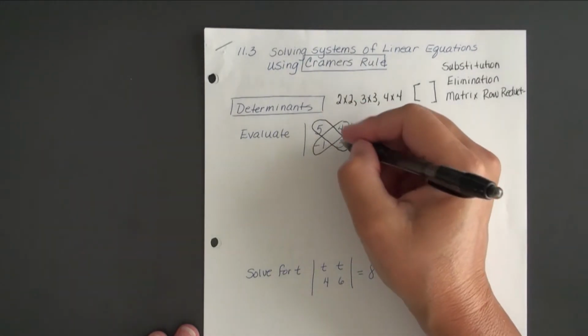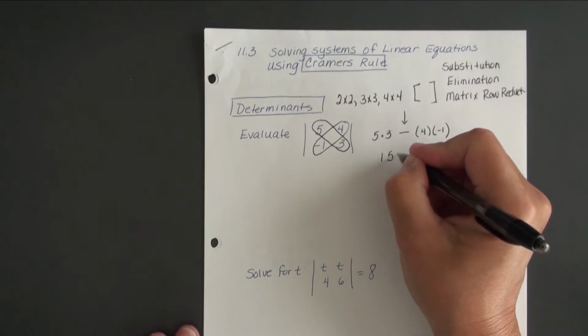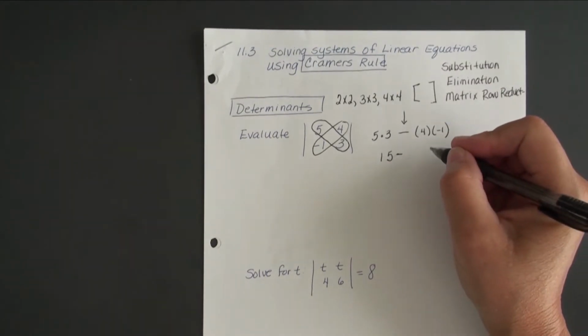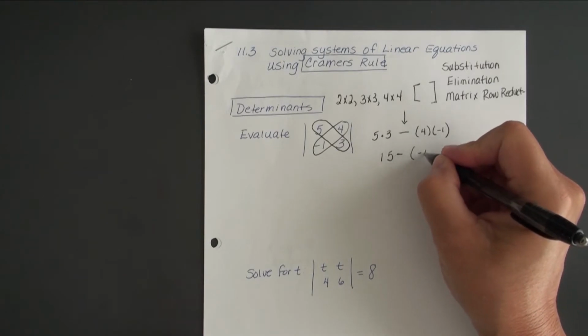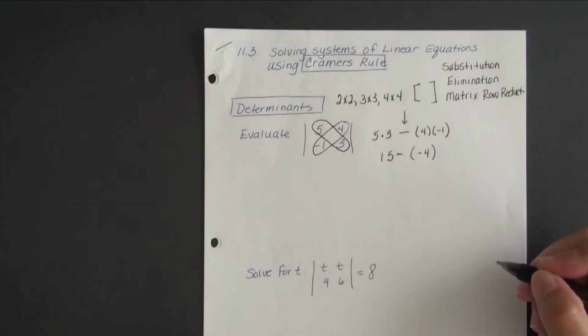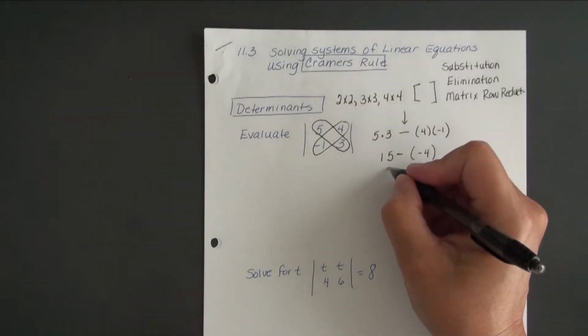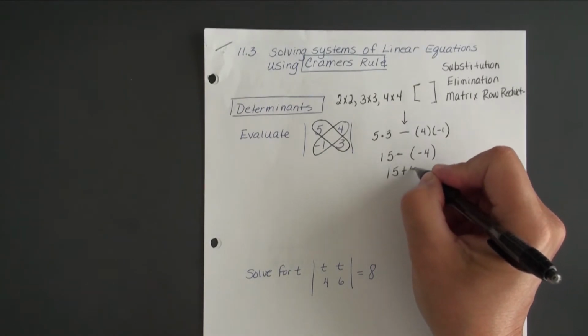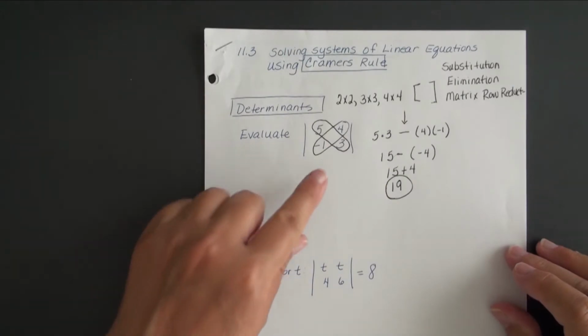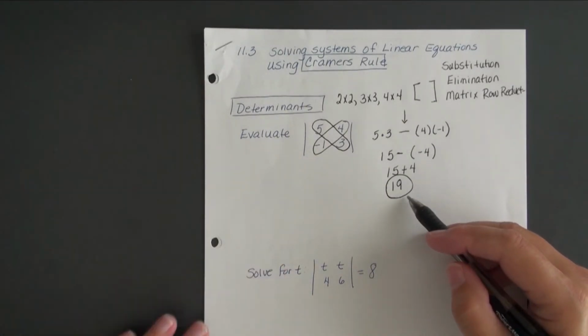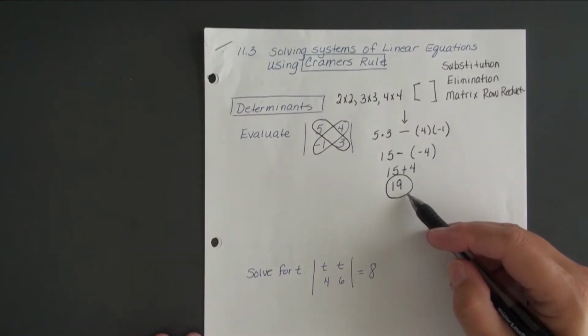This gives me 5 times 3, which is 15, minus 4 times -1, which is -4. 15 minus a -4 is 15 plus 4, which is 19. So the value of a determinant is a single number, and in this case, the answer is 19.